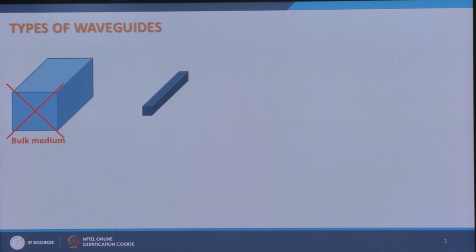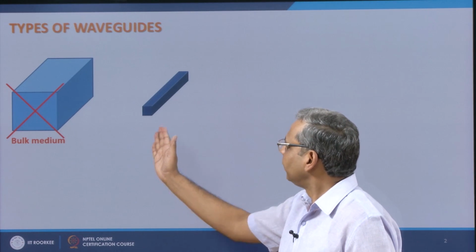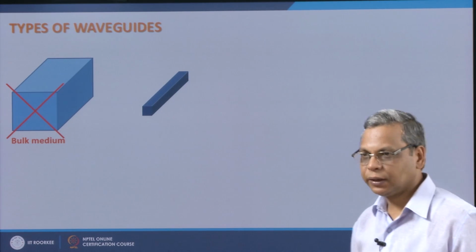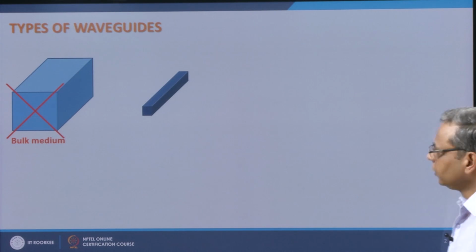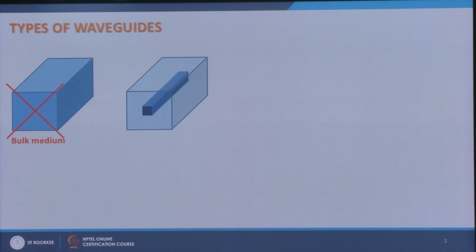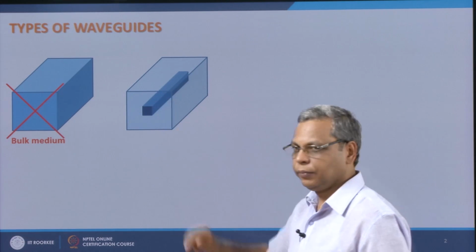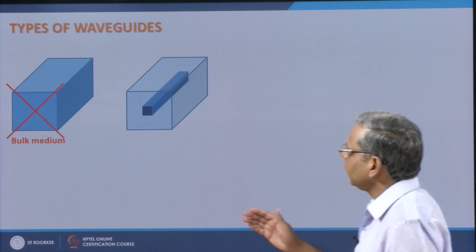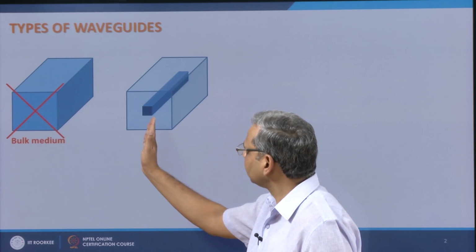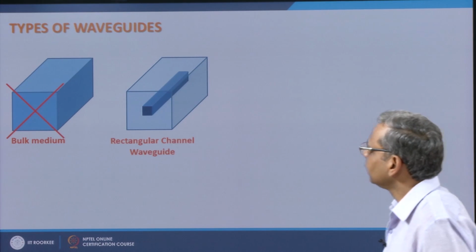We can have a waveguide like this where we have a channel or a material in this geometry and the dimensions are comparable to the wavelength, and it is surrounded by a lower index medium like this. Then in this way I create a channel for light to flow along this.